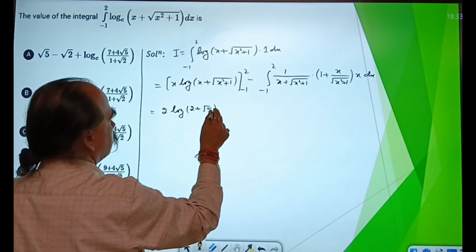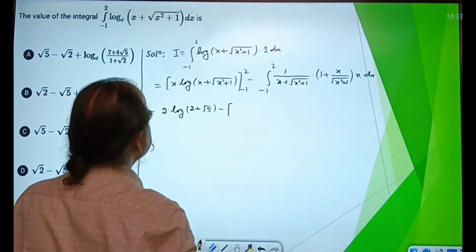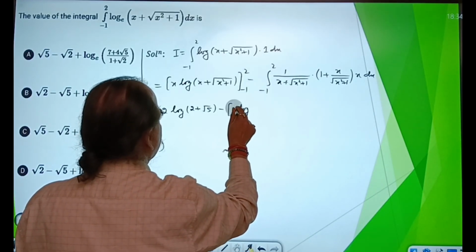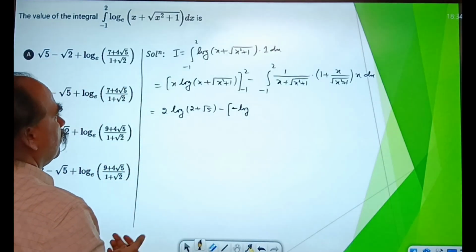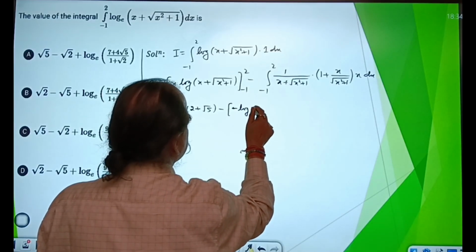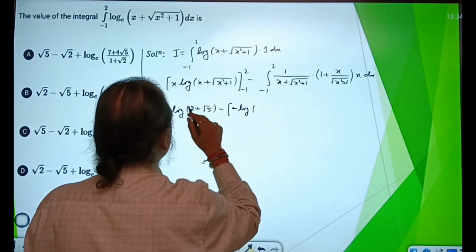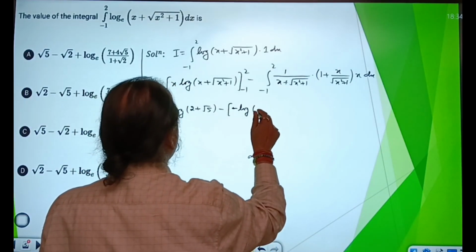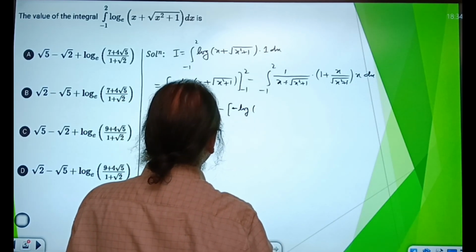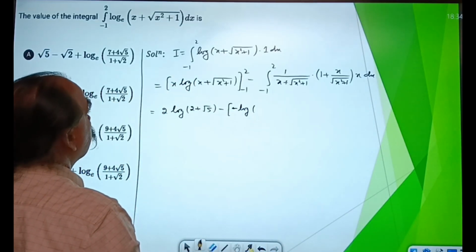Minus, minus 1 log minus 1 plus root 2, that is root 2 minus 1. Minus 1 to 2.